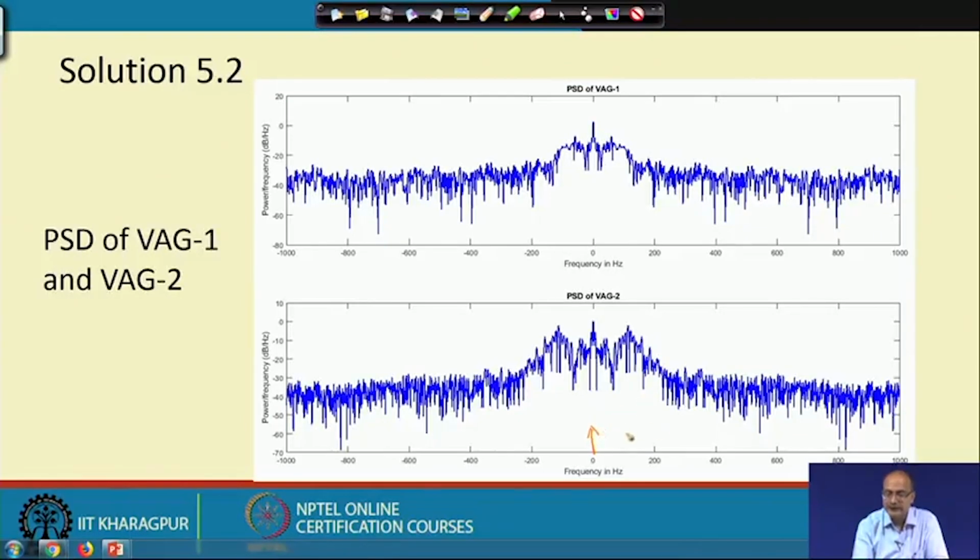Apart from that we have two bands, here and here, with a good amount of energy in both cases. However, for VAG 2, the strength of the signal in this band is more. Okay. So, that is what we notice.